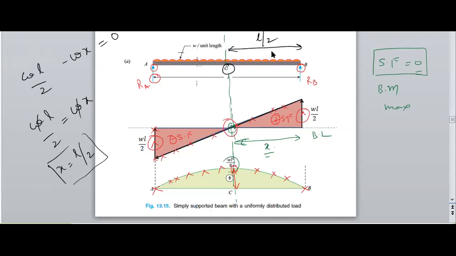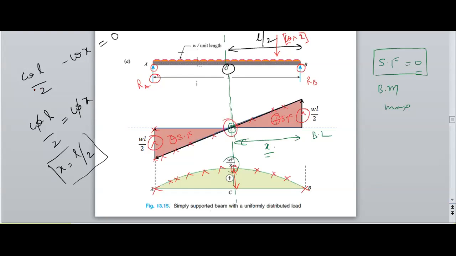If I convert this UDL into a point load, I will get a point load whose magnitude is w into x on the right hand side of my section. I have converted the UDL into a point load.